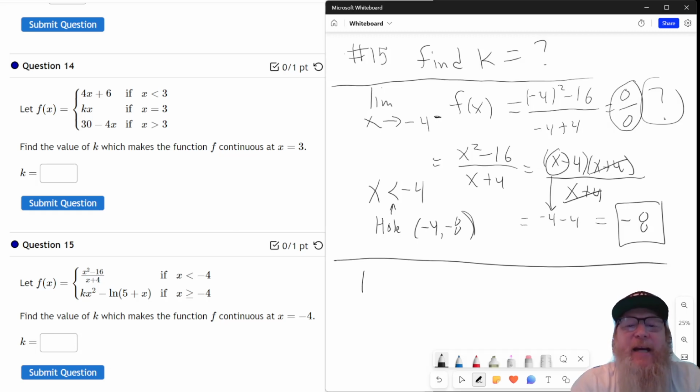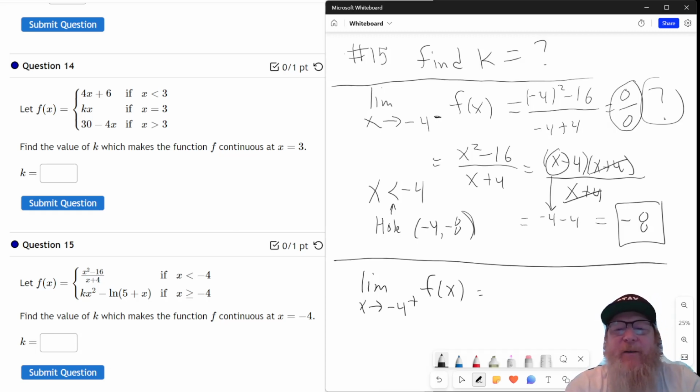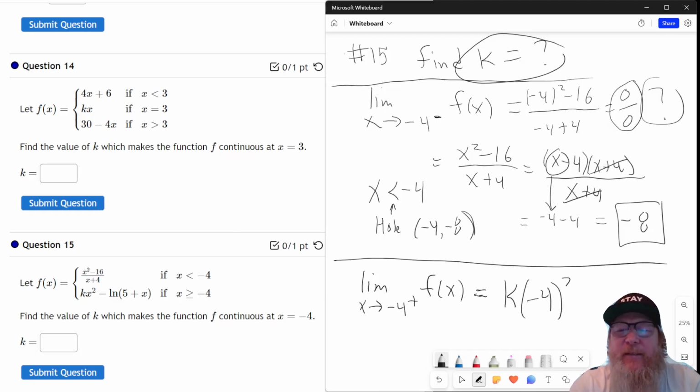Now we want to look at the dot. So the dot is for the right side. The limit as x goes to -4 from the right. So we've got this crazy looking function, but it's actually not as crazy as it looks. We have a k, which we don't know. K is an unknown value. We have an x squared, but we do know what x squared is. It's -4 squared.